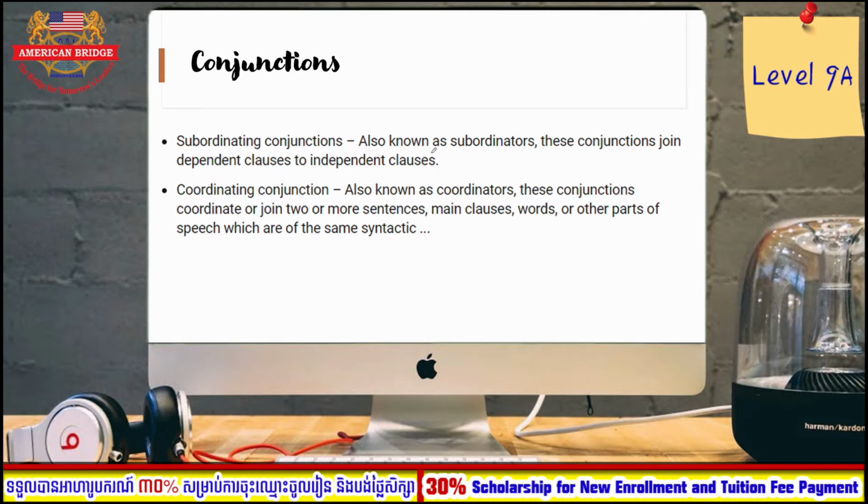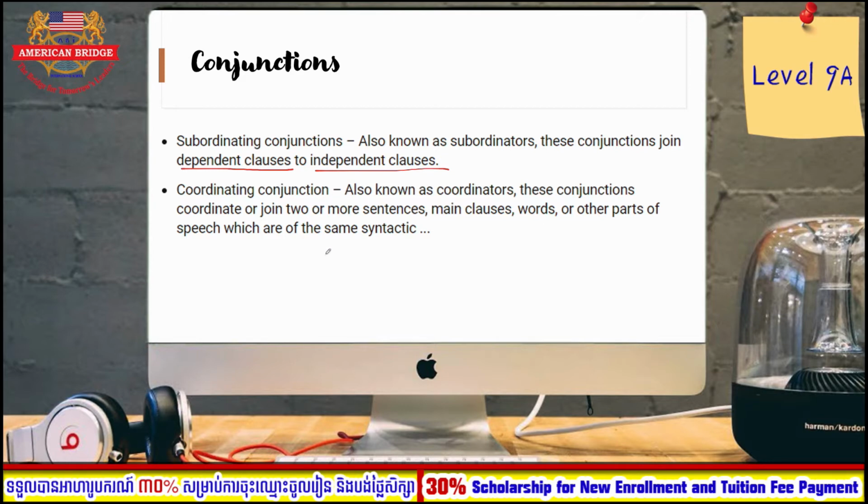This conjunction joins dependent clauses to independent clauses. And the coordinating conjunction, also known as coordinator, coordinates or joins two or more sentences, which are the main clauses, words, or other parts of speech which have the same syntactic, the same grammatical function.